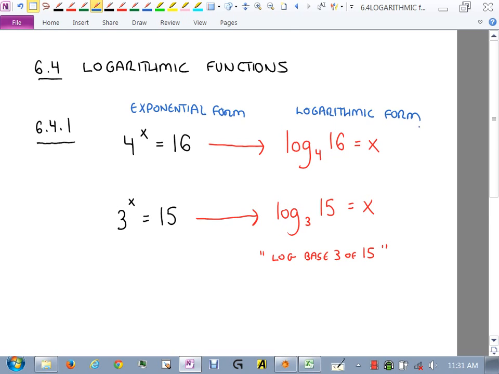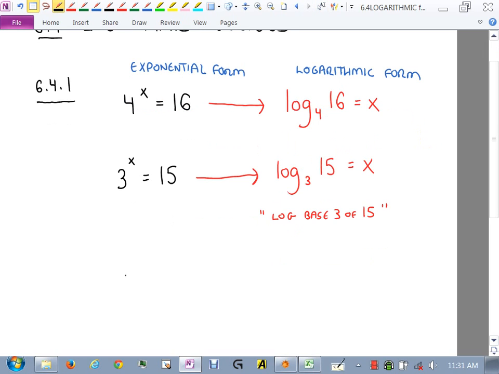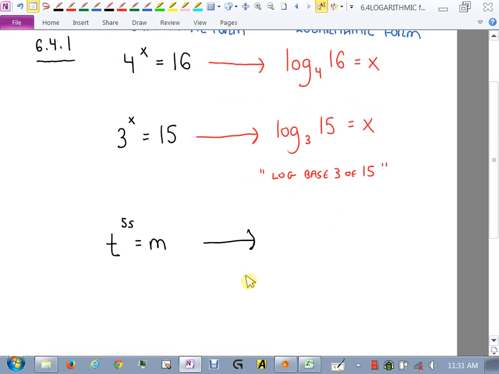Okay, let's try another one. I want you to write this: t to the s equals m. I would like you to convert that into its logarithmic form. To go into logarithmic form, you have to have something being raised to a power equals something. The good news is you'll always start by writing log.